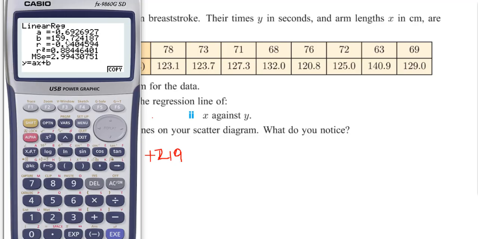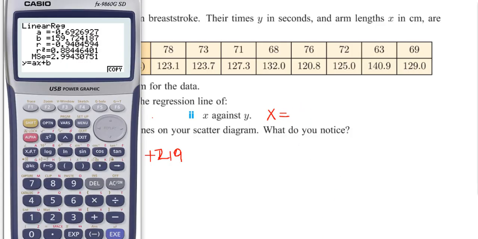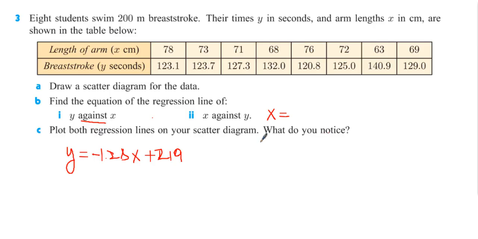Here you have it. But when you write x against y, you should write x now equals minus 0.693y plus 160.